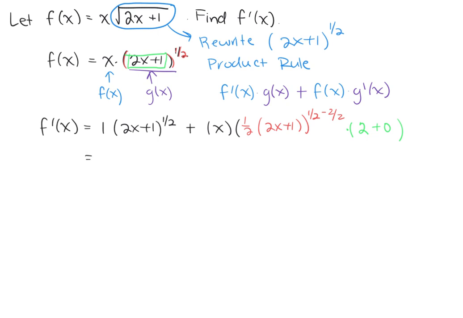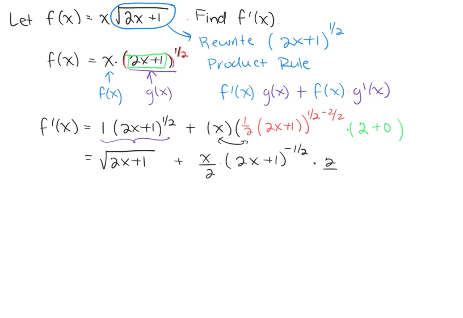So right here, I'm going to go ahead and rewrite this as the square root of 2x plus 1. Okay. And then I'm going to go ahead and multiply x times 1/2. So that's the same thing as x over 2 times 2x plus 1, and then raised to the 1/2 minus 2/2, which is negative 1/2, times 2.